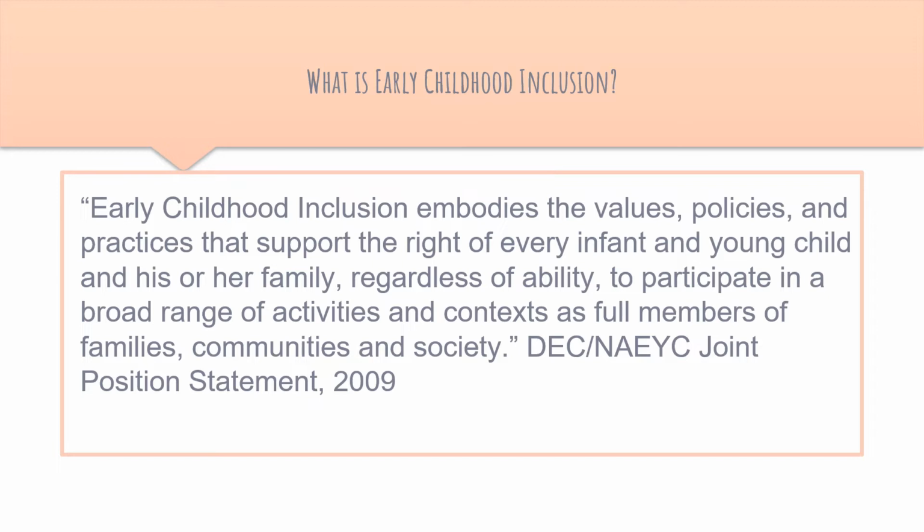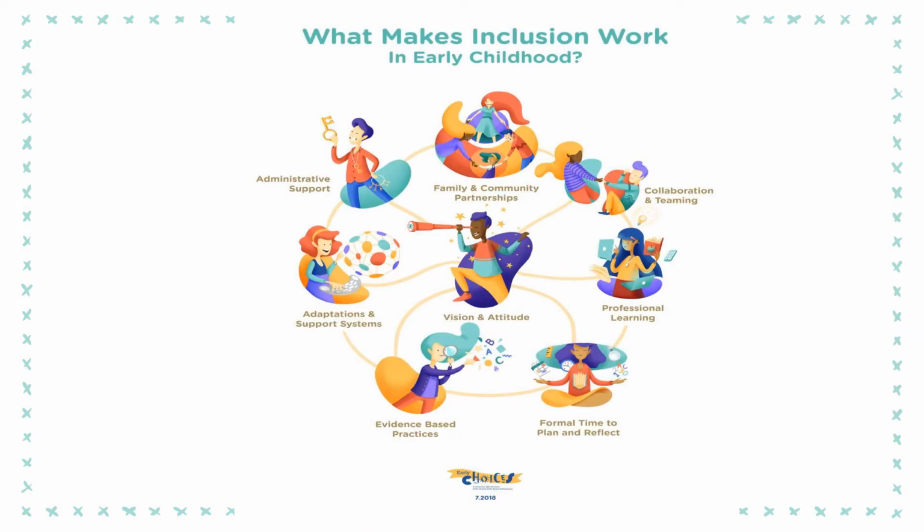So I really like this next slide. This is an infographic that was put together that shows us what makes inclusion work. Okay, what are the pieces that make inclusion work?